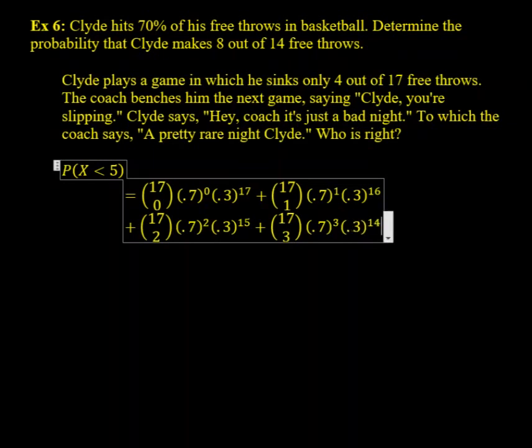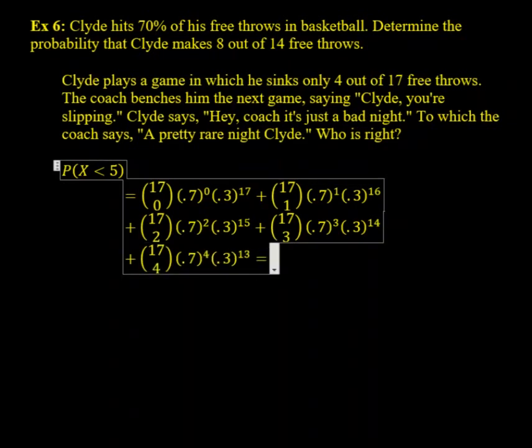Finally, we have plus 17 choose 4 times 0.7 to the 4th times 0.3 to the 13th. So now we've accounted for making 0 shots, 1 shot, 2 shots, 3 shots, or 4 shots. This will equal 0.000103.